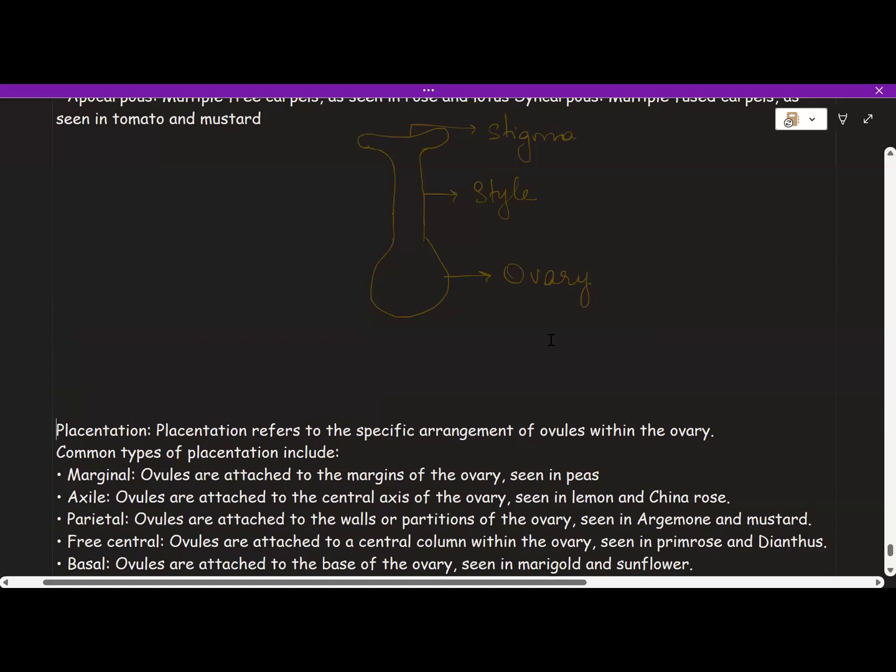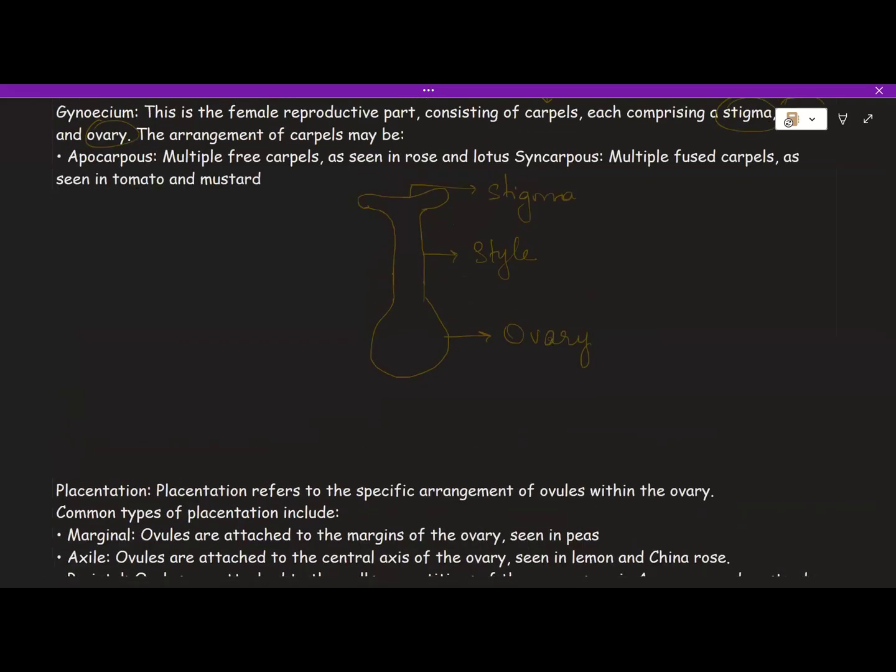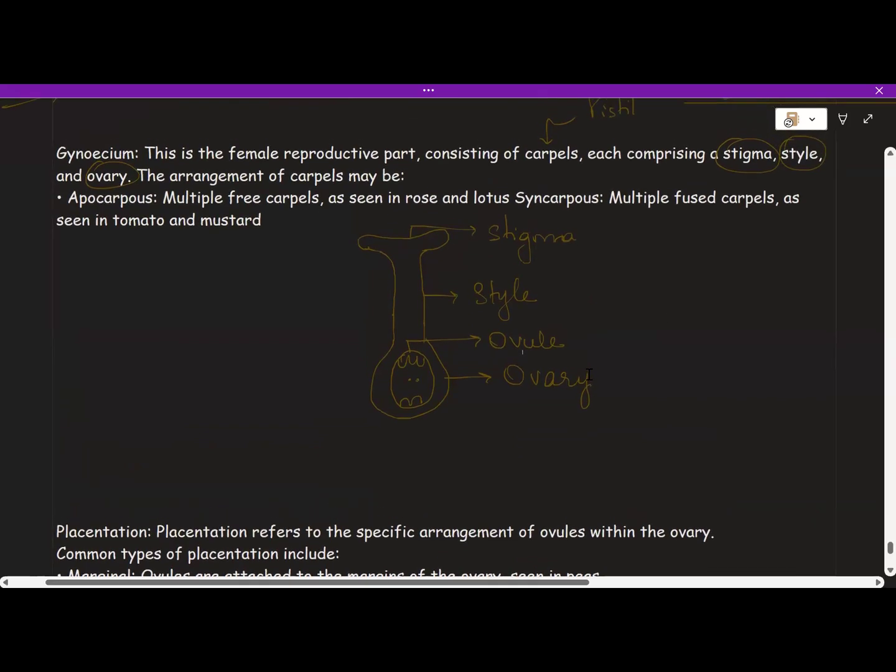Any doubts, students? No. Now, inside the ovary, there is the presence of ovule, which has the embryo sac. They'll not ask you questions on that, but you should know that this is the ovule. So inside the ovary, there is the presence of ovule.